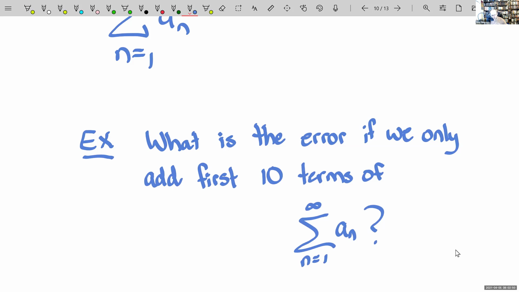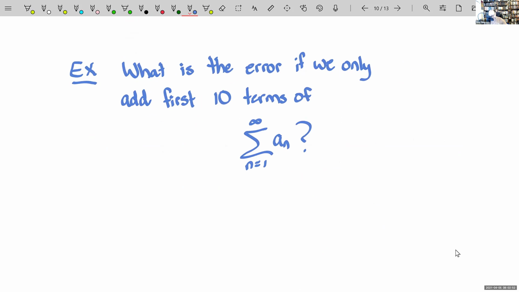Well, that error, which we call R, so R sub 10, that's the error, is going to equal a 11 plus a 12 plus a 13, and so on and so forth down the line. It's just basically all the stuff that we forgot to add. That's our error. So we did a pretty good job, I suppose, but there's a terrible error there.